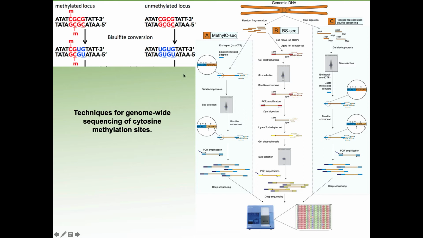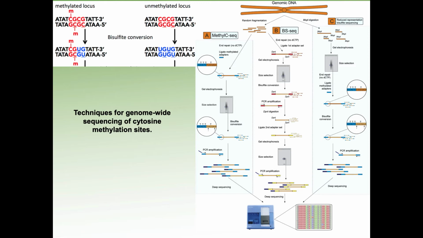There's a bunch of different methods that we could use. There's methyl-C-seq, there's BS-seq, there's reduced representation bisulfite sequencing, or RRBS. In the paper that we're going to be reading, they actually refer to BS-seq, I think, as whole genome bisulfite sequencing, or WGBS.